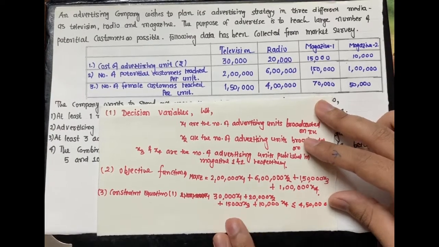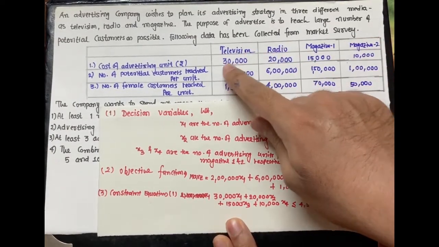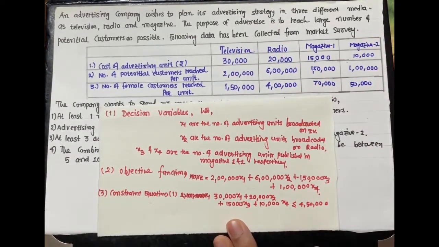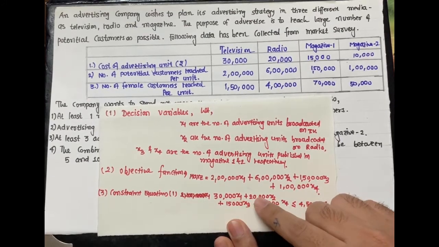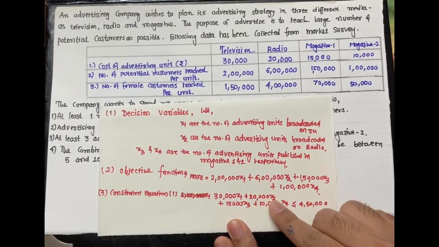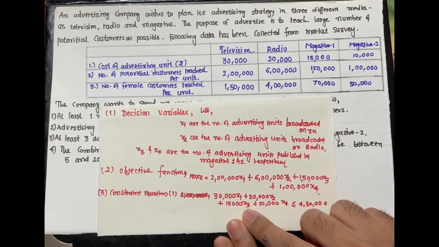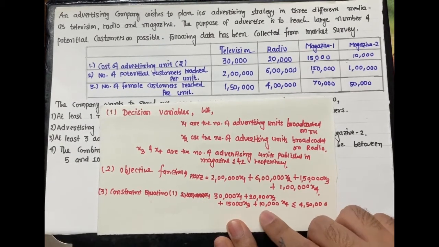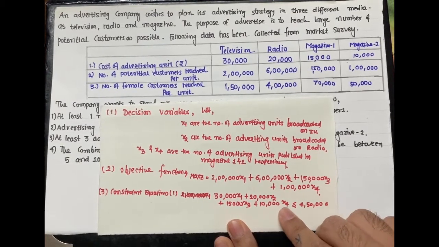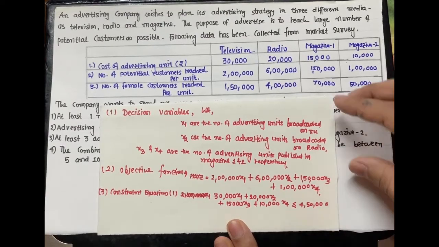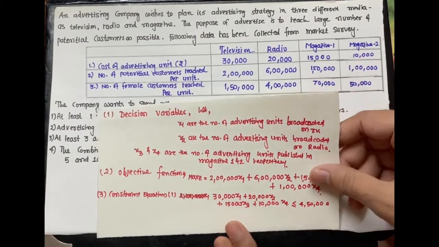The unit advertisement cost on television is 30,000. The actual quantity broadcast is x1, so 30,000 into x1. Likewise for radio 20,000 x2, for magazine 1 it is 15,000 x3, and for magazine 2 it is 10,000 x4. This total cost should be less than 4,50,000.